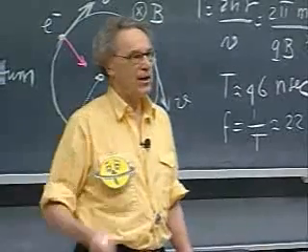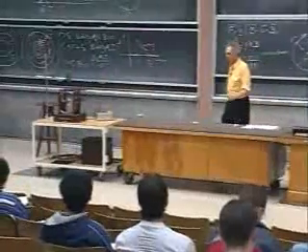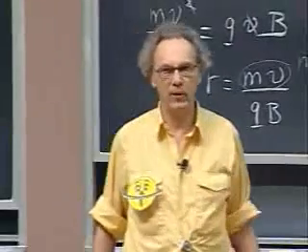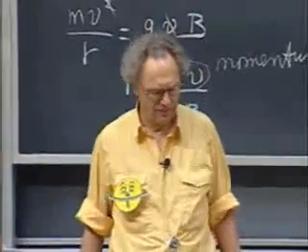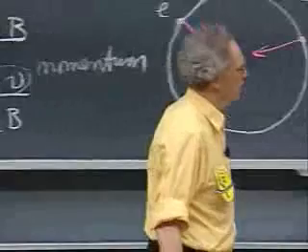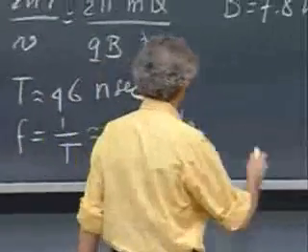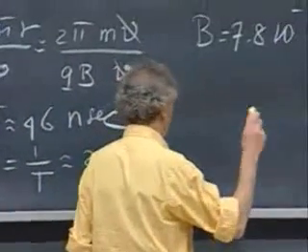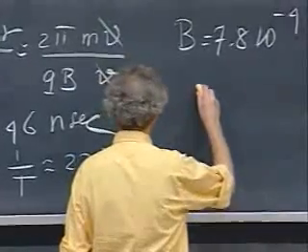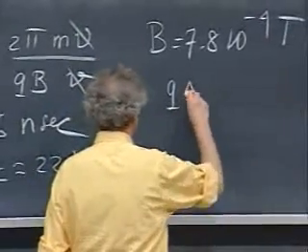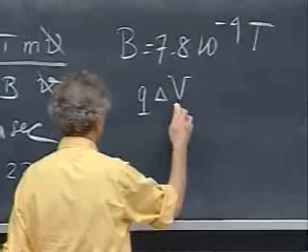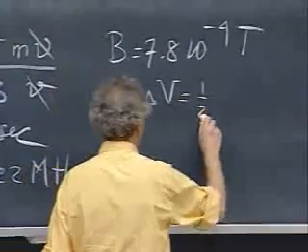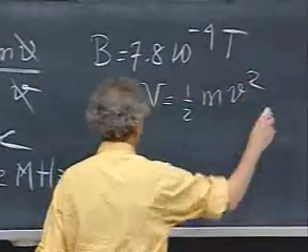We will accelerate the electrons over a potential difference, which I can vary from 0 to 300 volts. And so I can give them a certain velocity. Suppose I give them a potential difference of 100 volts. Then Q times delta V, which is the potential difference, would be 1/2 mv squared.